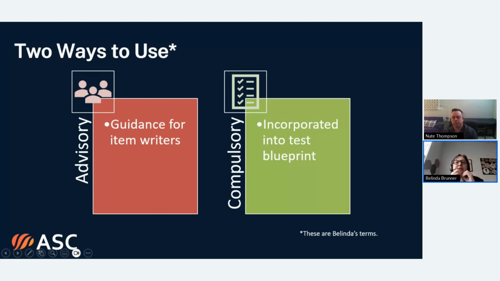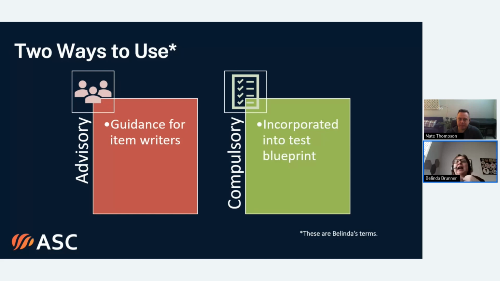Now, when I think of using Bloom's, I think of it being used in two ways. Someone put in the chat that it's more of a policy than it is actually useful. And the first one, the advisory way, may be that it's more of a policy.